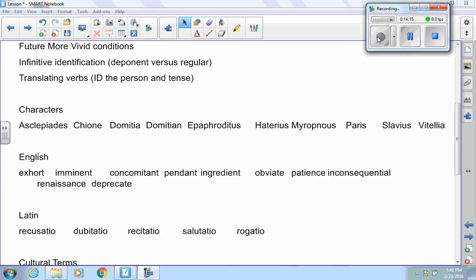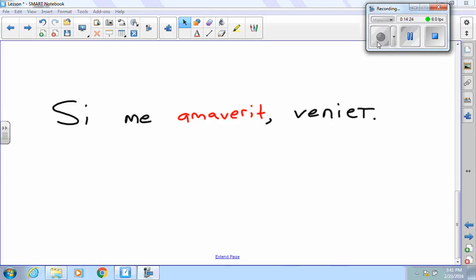Future more vivid conditions, just want to make sure that you know how to translate the future perfect when you get a condition. For example, in this one I have amaverit. If I do not put it in a condition beginning with si, amaverit is translated as he will have loved. In this case, I translate this future more vivid condition as: if he loves me, he will come.